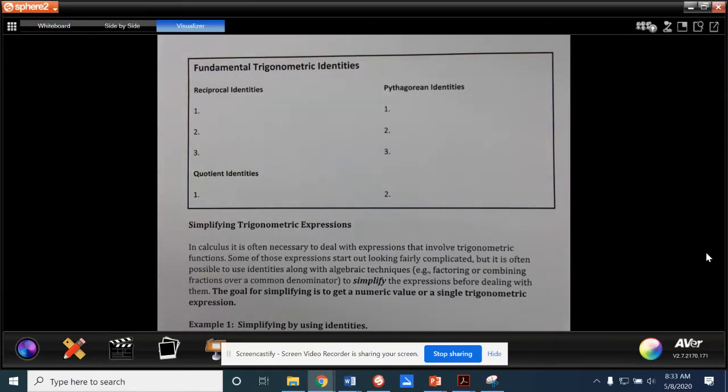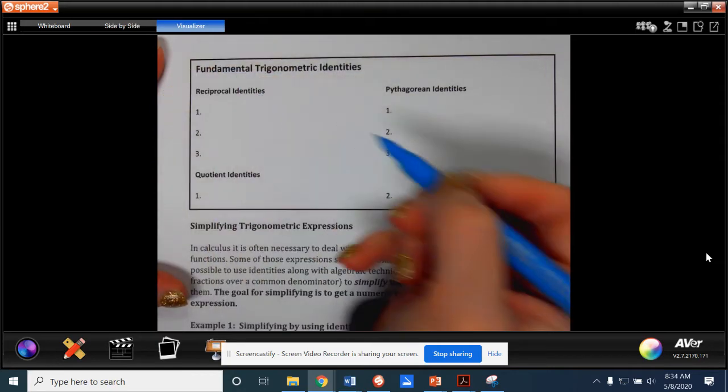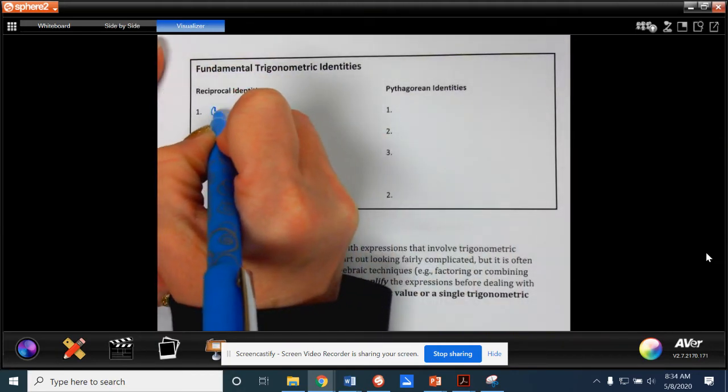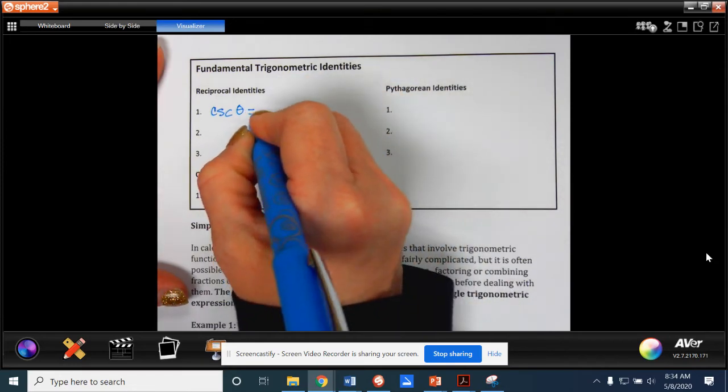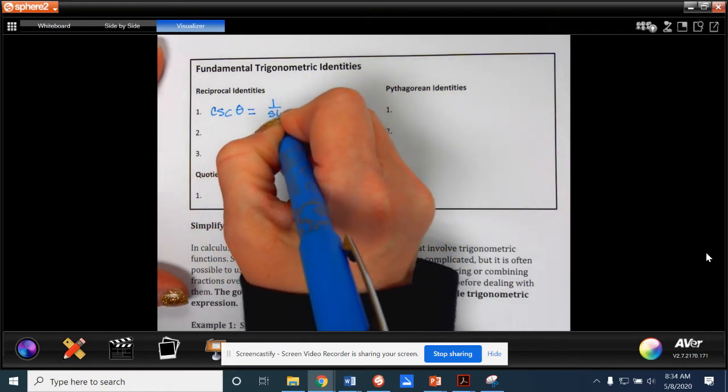All right, let's continue on with all the different identities and put it into one place. So we went through the different reciprocal identities and quotient and so forth. So let's just list them. We have, starting off here, cosecant theta is going to equal 1 over sine theta.